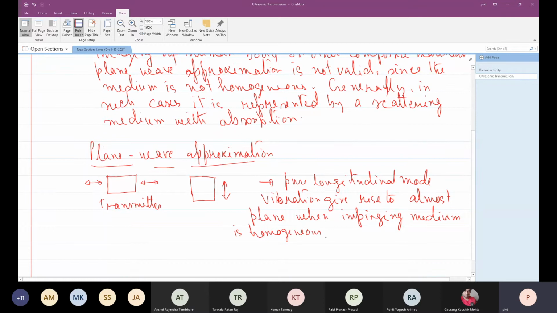For example, static air or solid mass of a pure material.